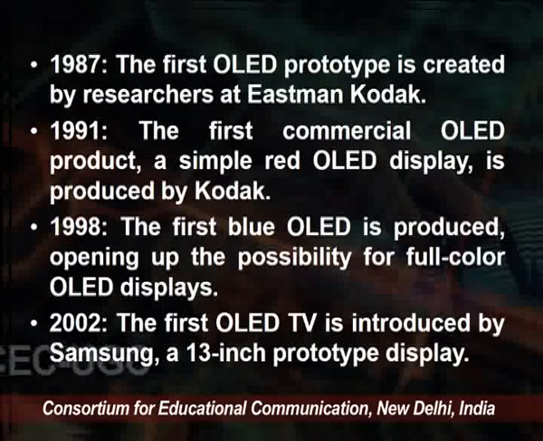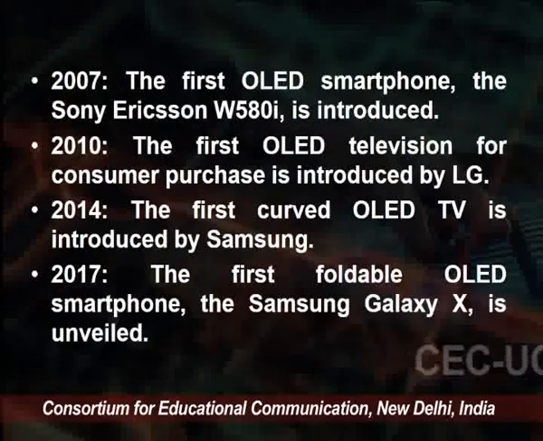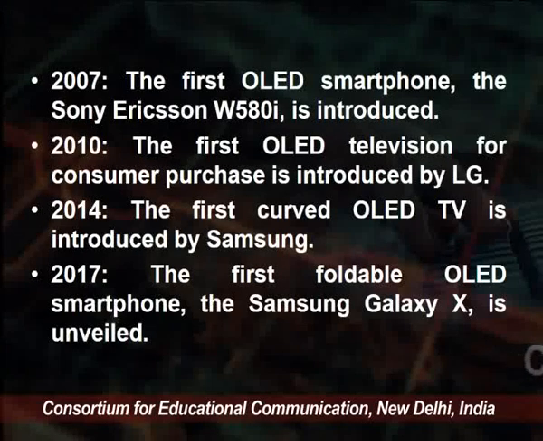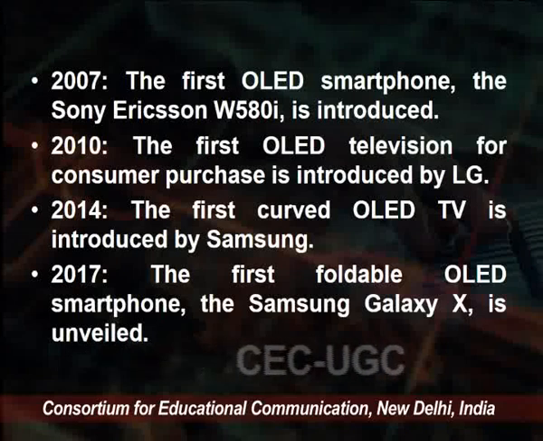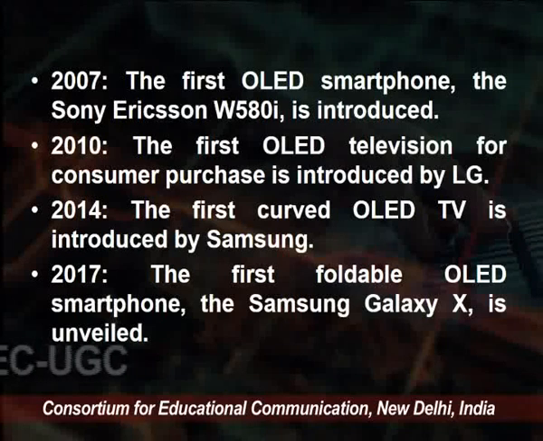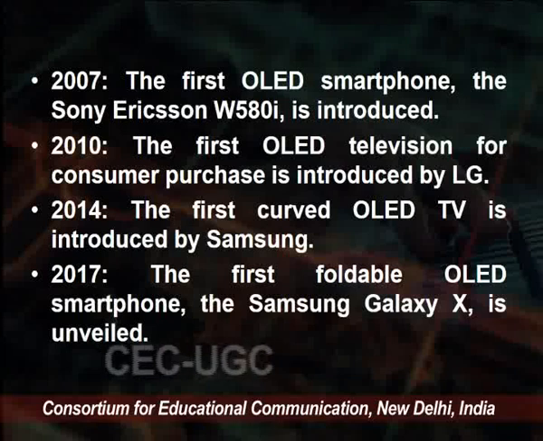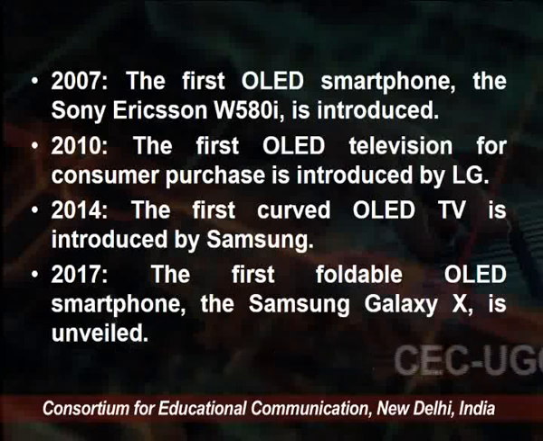In 2002 a 13-inch prototype OLED for TV was introduced by Samsung. In 2007 the first OLED smartphone was developed by Sony Ericsson. In 2010 the first OLED television was introduced by LG, and in 2014 the first curved OLED TV was introduced by Samsung.